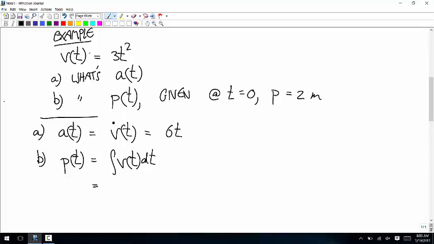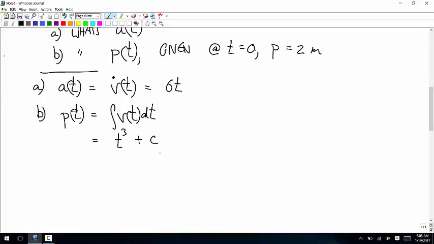And so if you integrate this velocity function, you get t cubed plus c. Okay. But that c is arbitrary, so that's not an answer yet. That doesn't give us a position function. So now what we need to do is use this extra information to calculate what that constant of integration is.